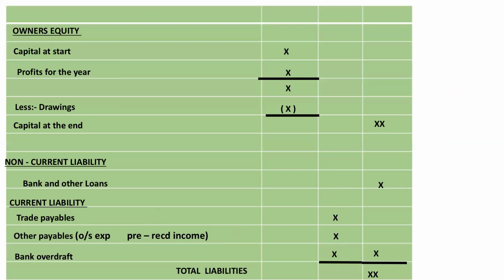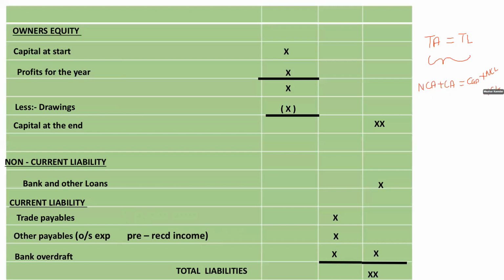And if everything is error-free, at all points of time, your total assets will always be equal to total liabilities. That means we say that the balance sheet tallies. Total assets is made up of non-current assets plus current assets. Total liability is made up of capital or owner's equity plus non-current liability plus current liability.